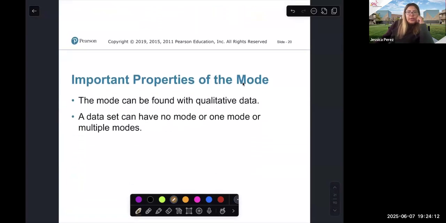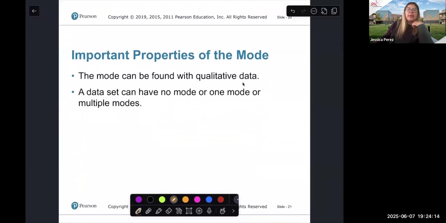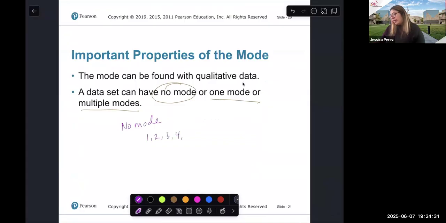What are the important properties of a mode? Well, the mode can be found by using qualitative data. The data set can have no mode, 1 mode, or multiple modes. An example of no mode would be 1, 2, 3, 4, 5.